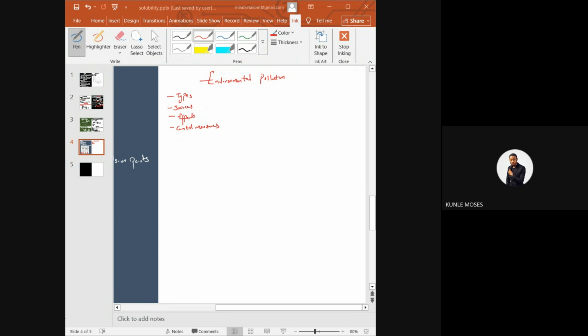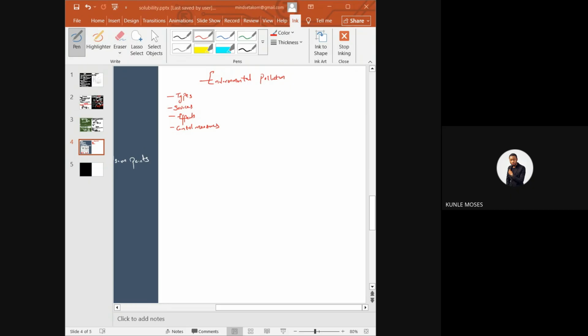And the effects of air pollution: they cause respiratory disease. They can cause acid rain when there is too much of some harmful gases in the ozone layer. They can cause global warming, and they can deplete the ozone layer. They can reduce visibility and all.